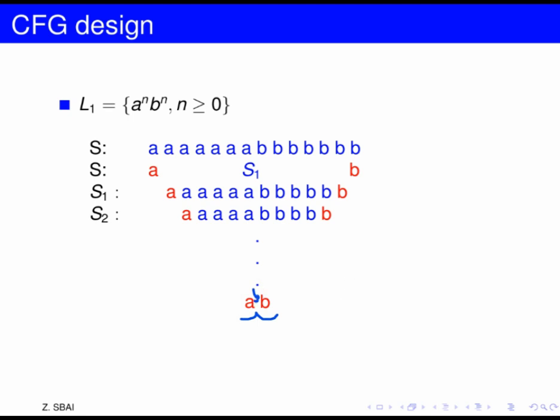In this case, we will stop and say that the initial string A to the 7, B to the 7 is correct, is accepted by this language.